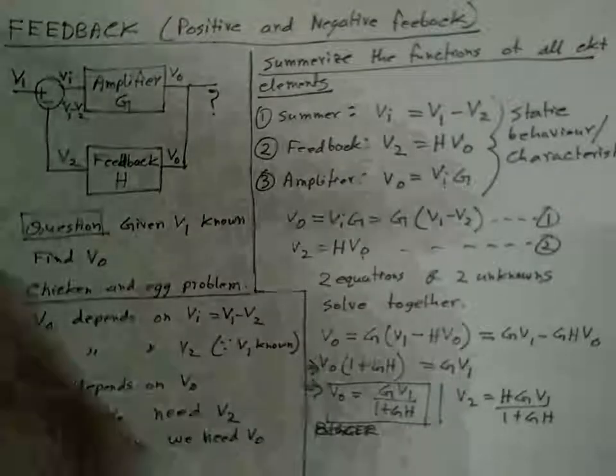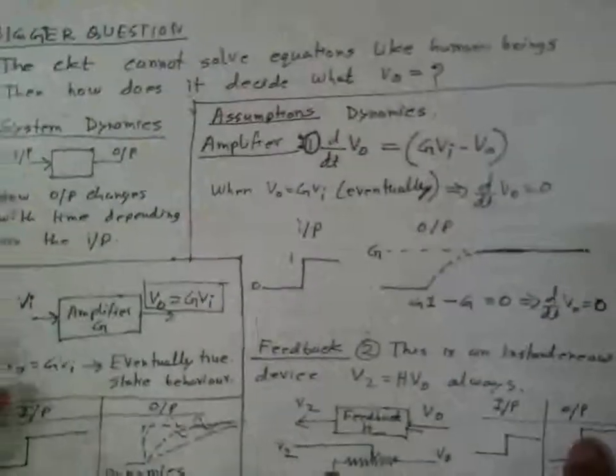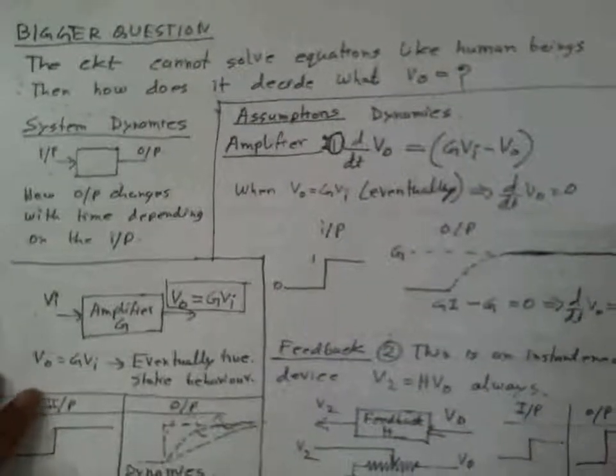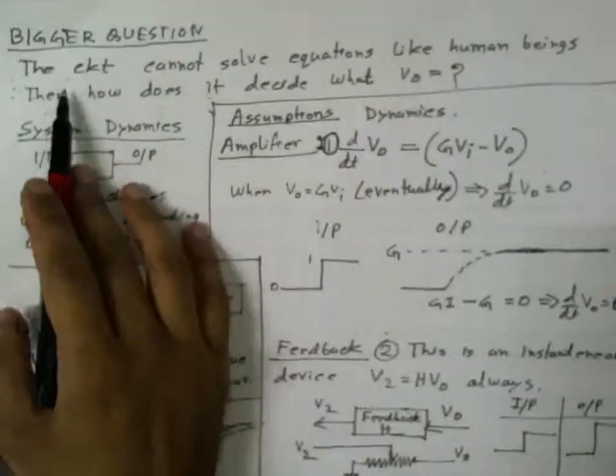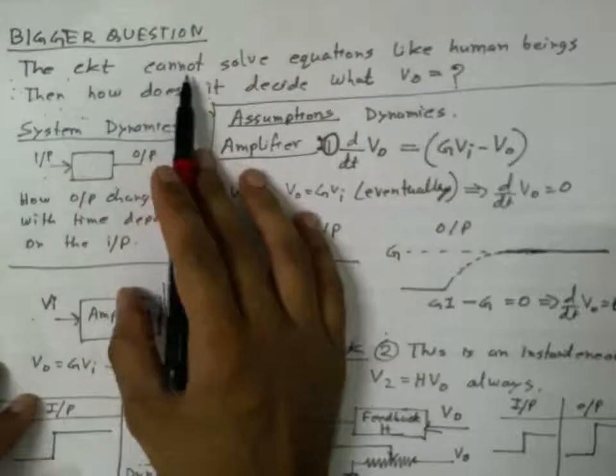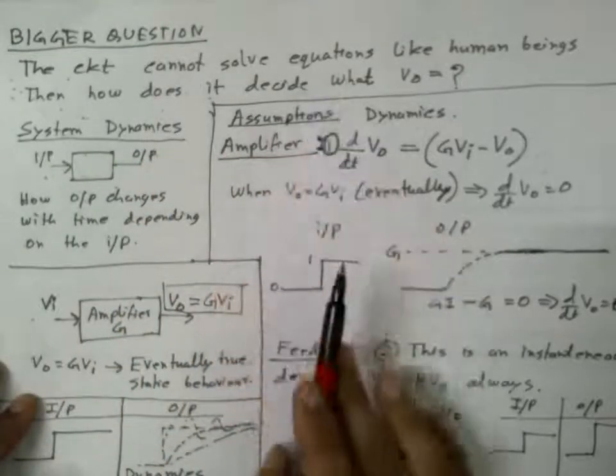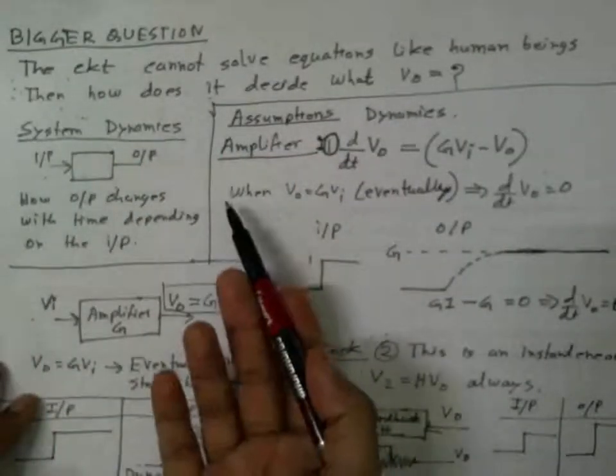Then we moved on to the discussion on the bigger question that a circuit cannot solve equations, so how does it change the output?